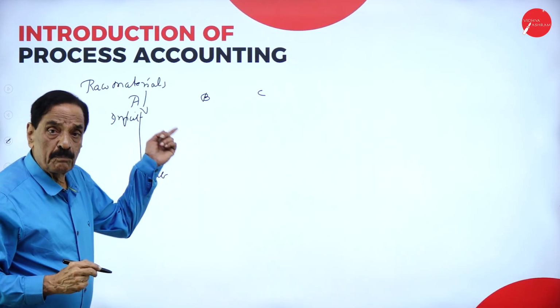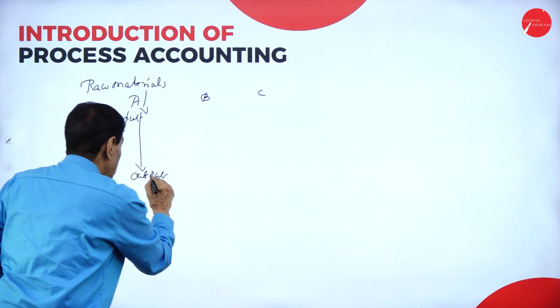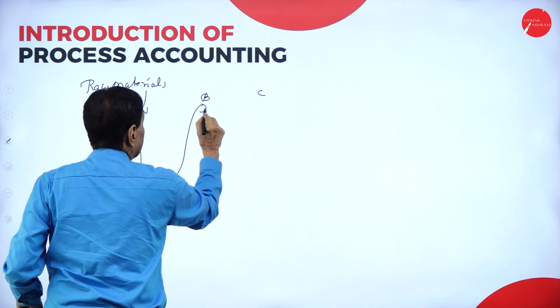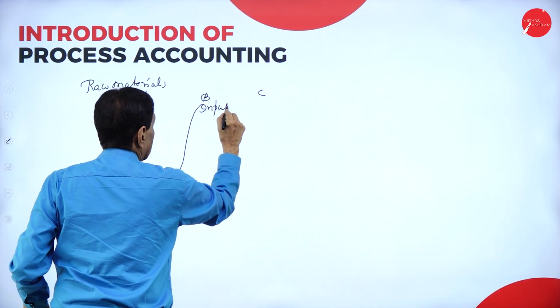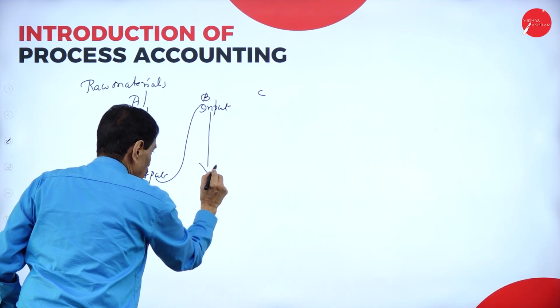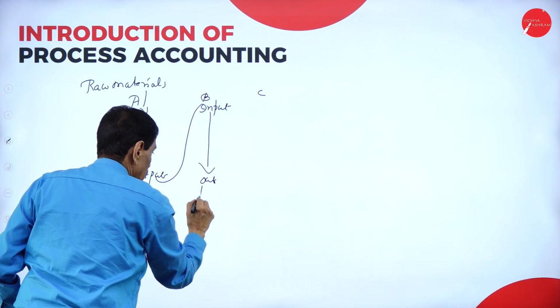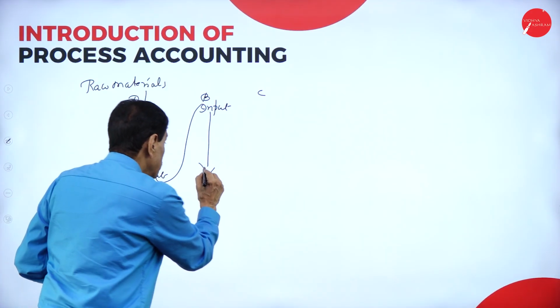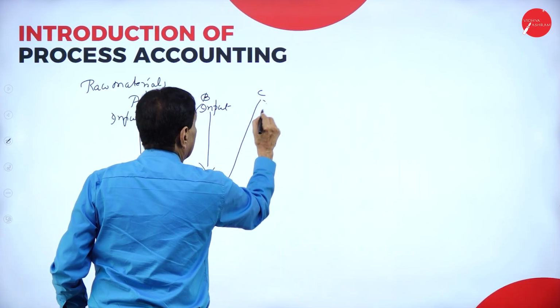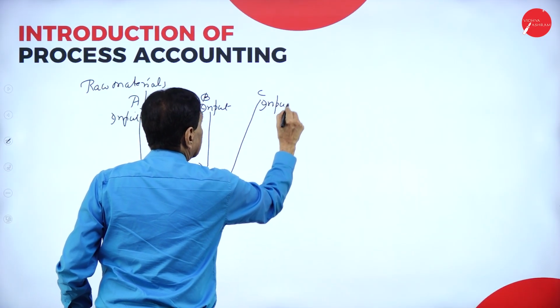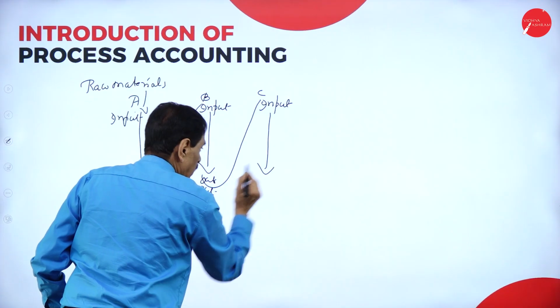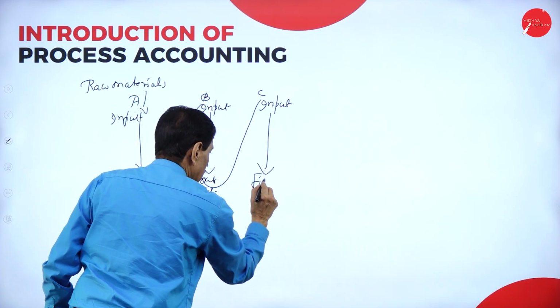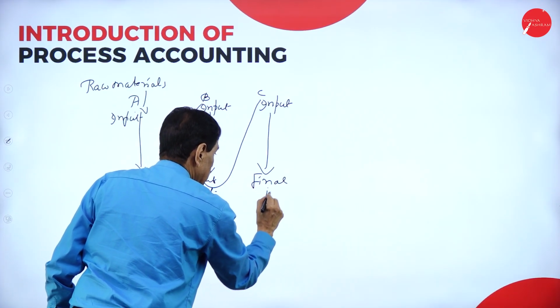The output of process A becomes the input of process B. Then we'll get the output here. The output of process B becomes the input of process C, where we get the final product. This is the procedure.